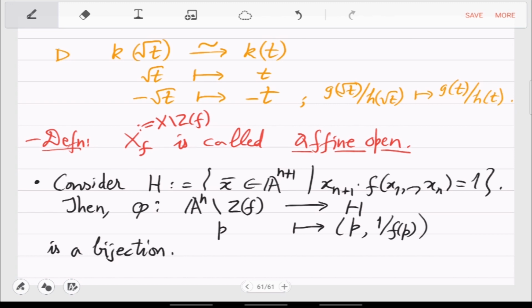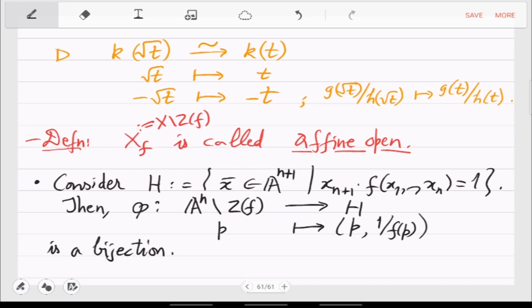So in this sense, X_f can actually be seen as roots of some system. These distinguished open sets are special. They are open, but if you expand your ambient space, then you can see them as being defined by exact equations.